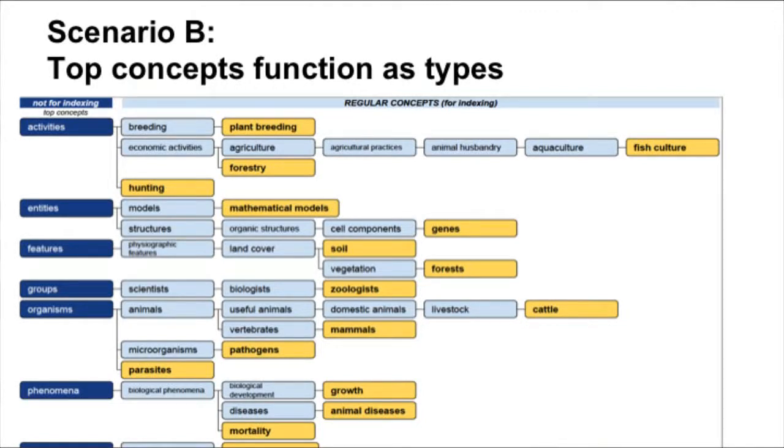We can see that under activities, we have plant breeding, fish culture, forestry, and hunting. And under phenomena, we have things like mortality, growth, and animal diseases.